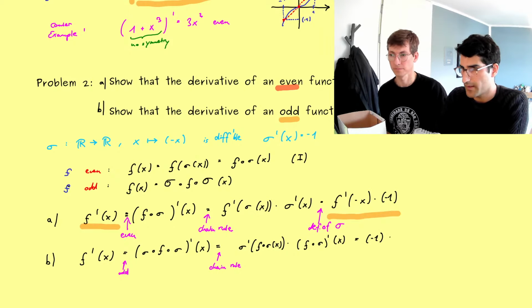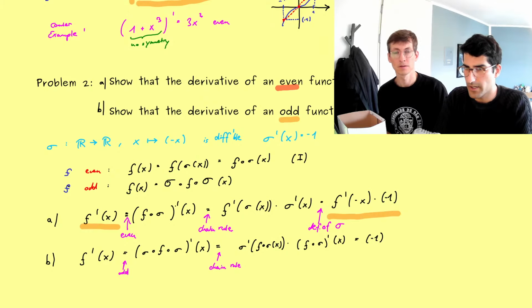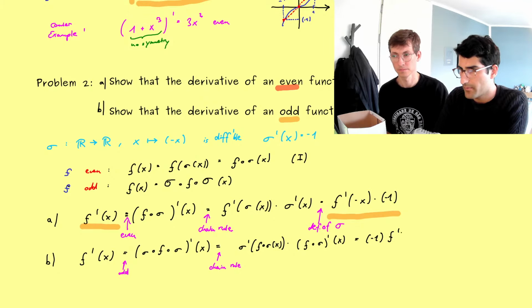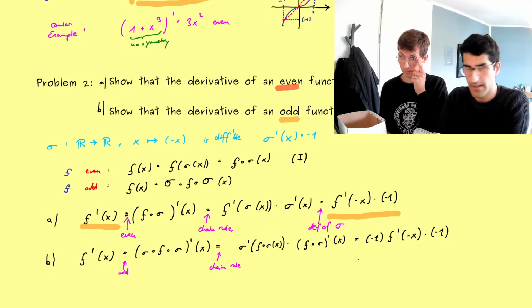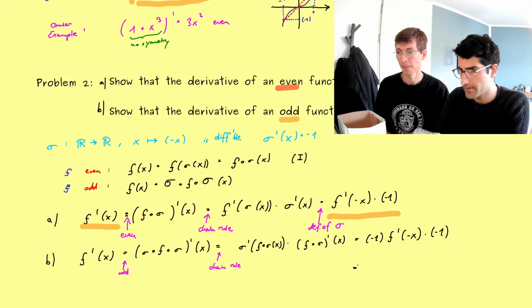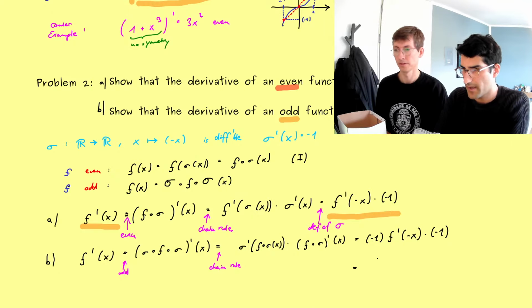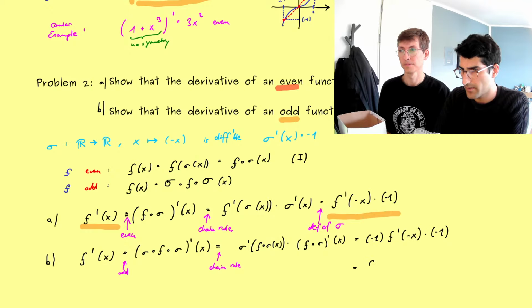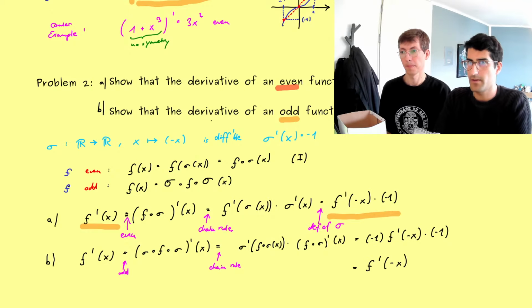So this is nothing else than, actually I can just copy what we did here before: f prime of minus x times -1. Okay, let's clean this expression up a little bit. So the -1s cancel out, giving us 1, and we are left with f prime of minus x.